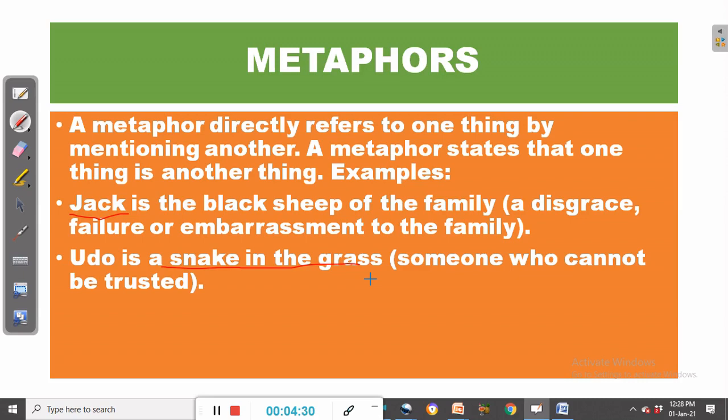You are not certain about what will happen. So that gives you the picture of someone who cannot be trusted. So it simply means that Udo is someone who cannot be trusted. All right? So this is how we try to use a combination of metaphor and imagery to try to figure out the meaning of a sentence.